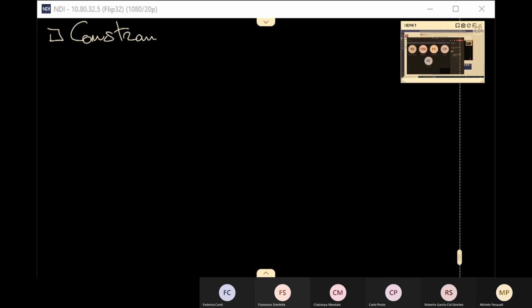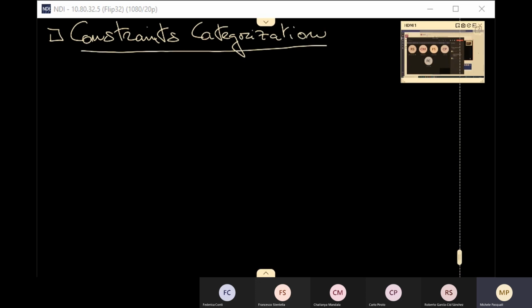In today's lecture, what we will go through is a categorization of the constraints. We already anticipated a little bit that theme.